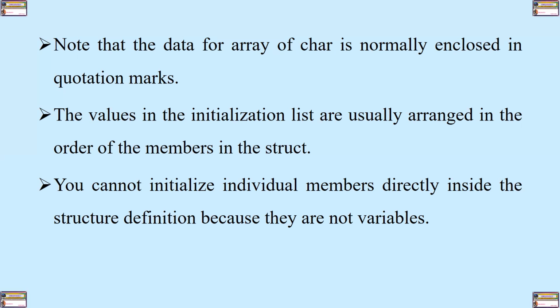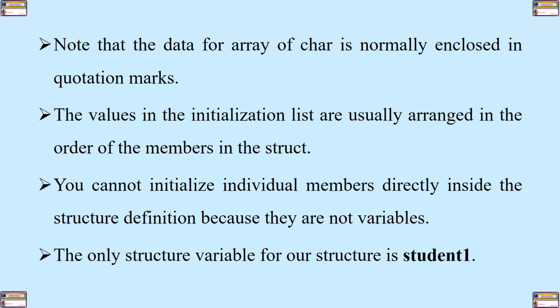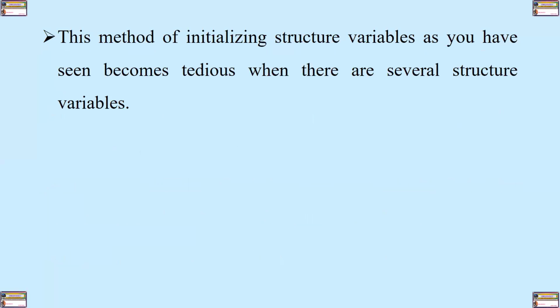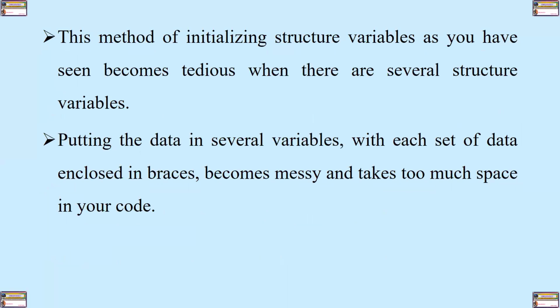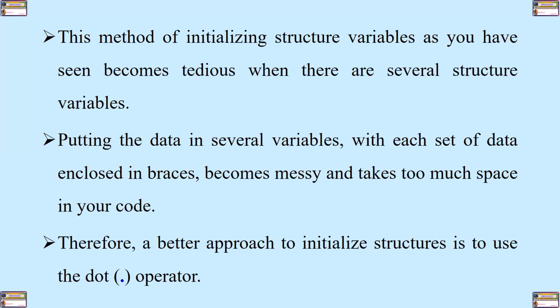In other words, you don't initialize members directly; you initialize members through the structure variable. The only structure variable for our structure in this case is student1. This method of initializing structure variables, as you have seen, becomes tedious when there are several structure variables. Putting the data in several variables, with each set of data enclosed in braces, becomes messy and takes too much space in your code.